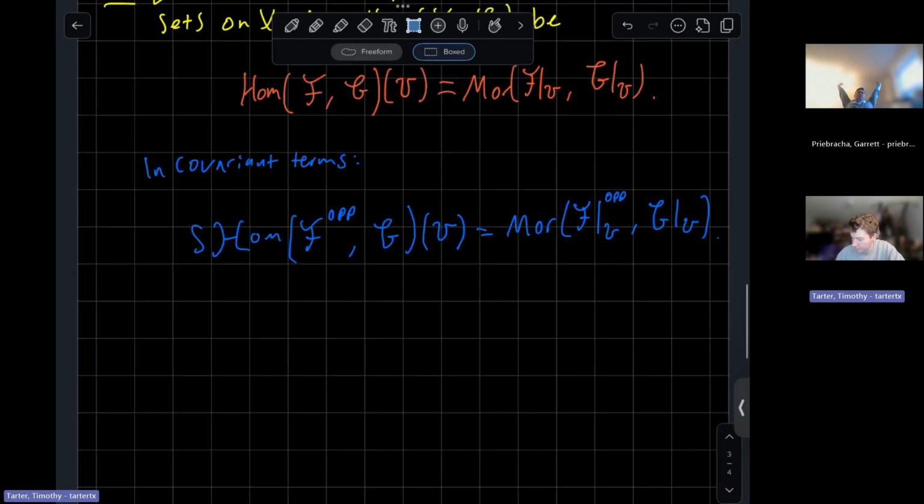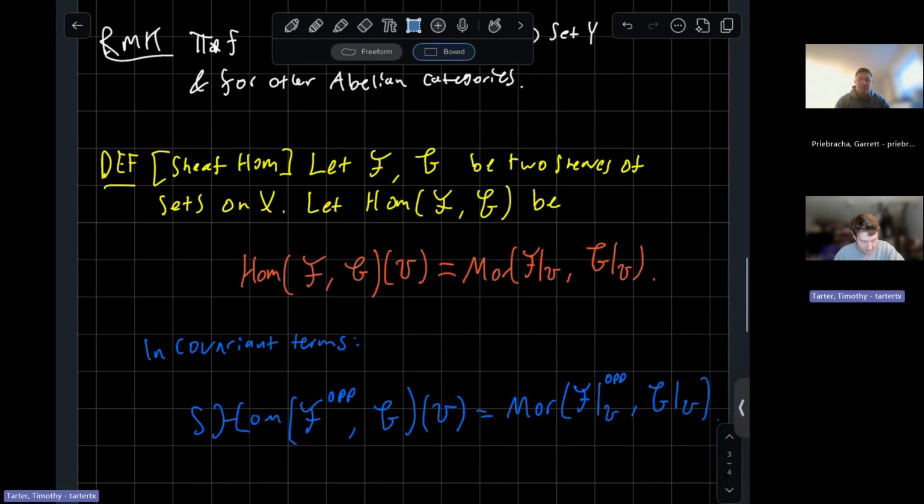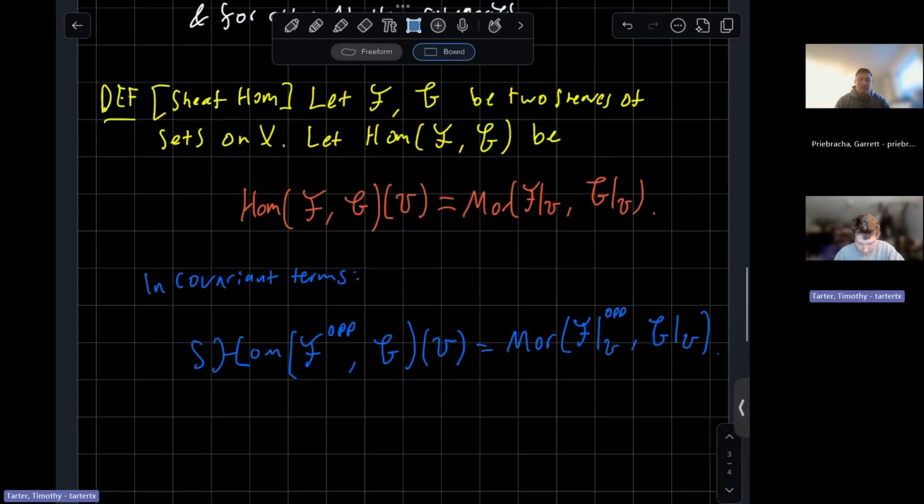So in terms of sheaf hom, this seems to be pretty well defined. I feel like I'm either missing something or this is very simple as an exercise.